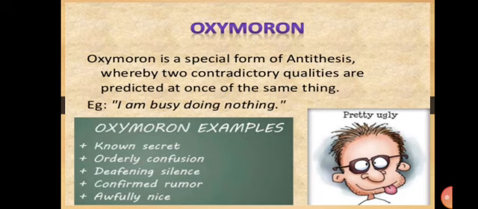So always know the difference between antithesis and oxymoron. Antithesis is a complete sentence with two parts, both phrases having opposite meanings to each other, but oxymoron has two words only. Both are antonyms, but the first one is used as an adjective to the second one, right? Do remember this.